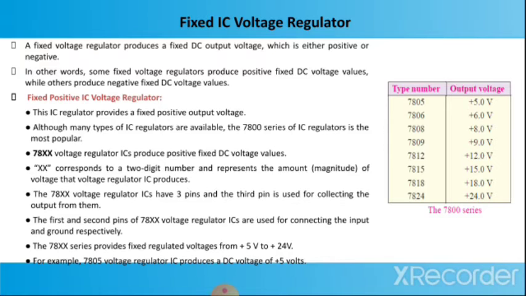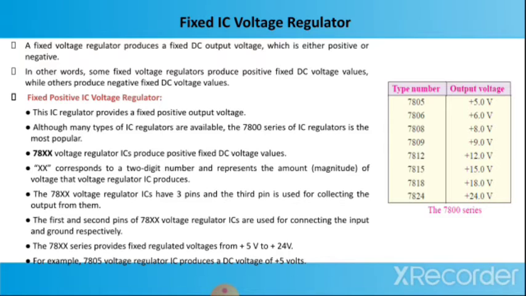So this is a table where you will get the type number of positive voltage regulator and what output you will get after using this IC.